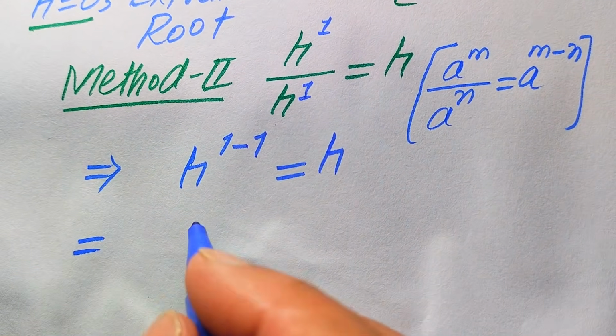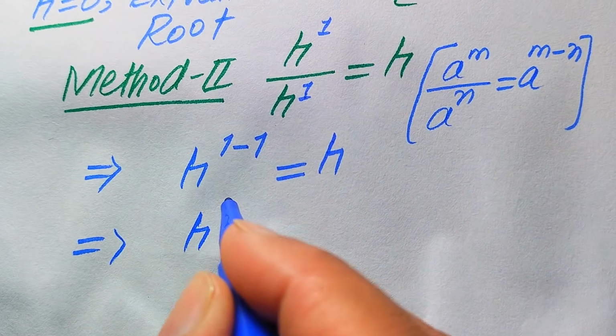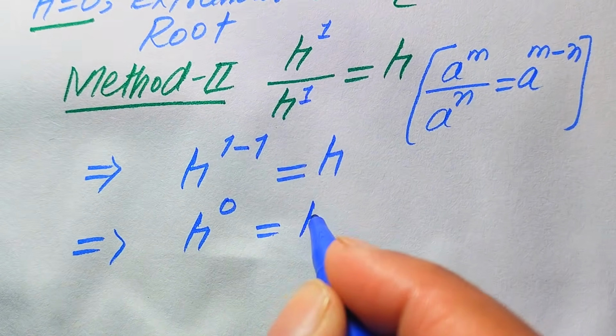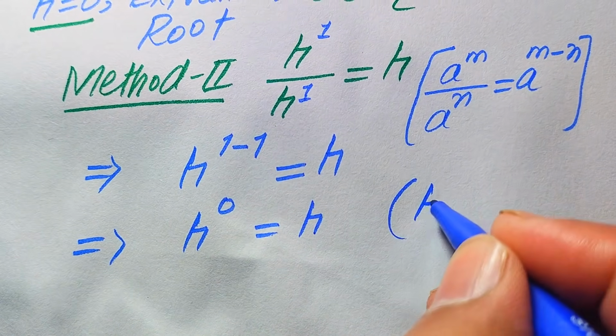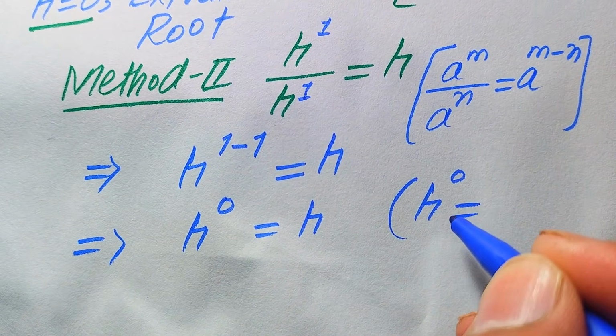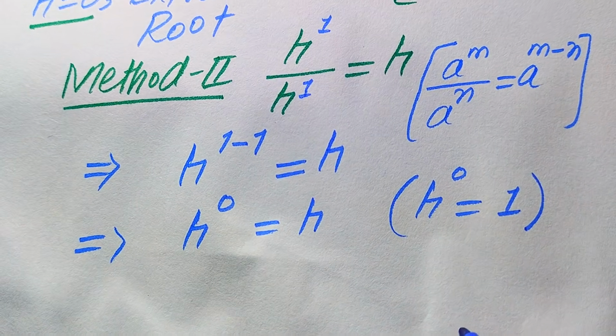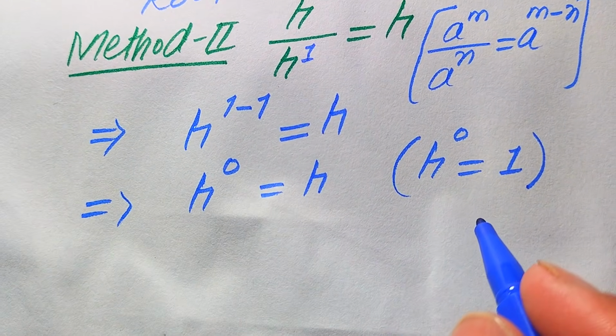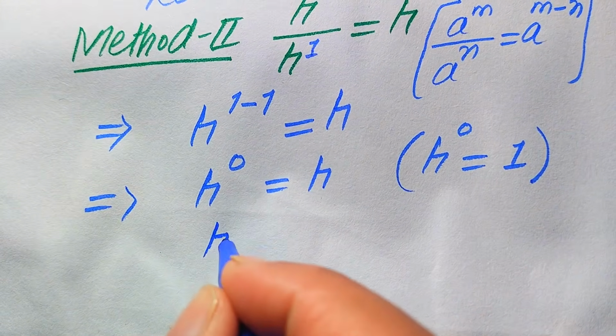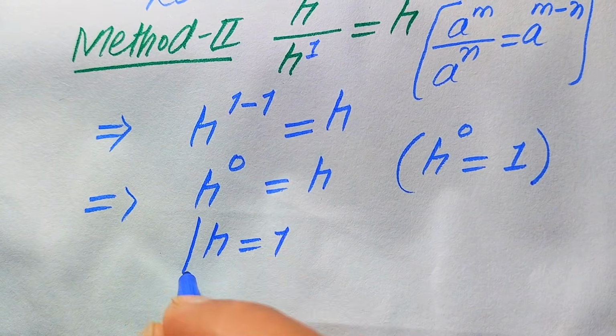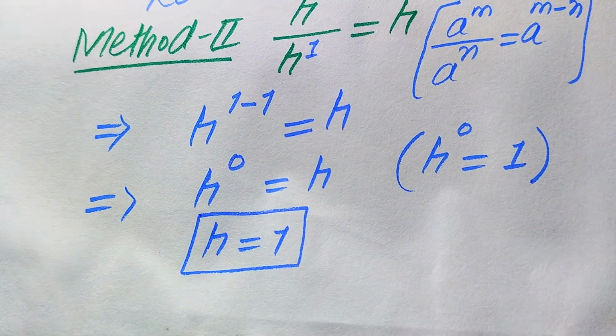Here 1 minus 1 becomes 0, and we get h to the power of 0 is equal to 1. Here we know that any number whose exponent is 0 is always equal to 1. So h to the power of 0 is equal to 1, and when we substitute it here, we get the value of h is equal to 1.